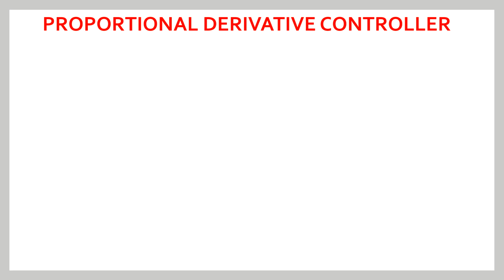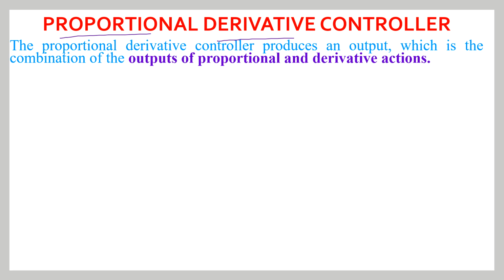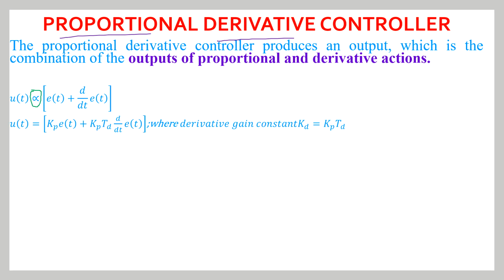So let us discuss the proportional derivative controller. Here the output is going to be proportional to both the proportional value and the derivative value of the error signal, so we have two terms in the expression. U of t is proportional to E of t plus d by dt of E of t. Let us remove the proportional symbol by adding appropriate constants.